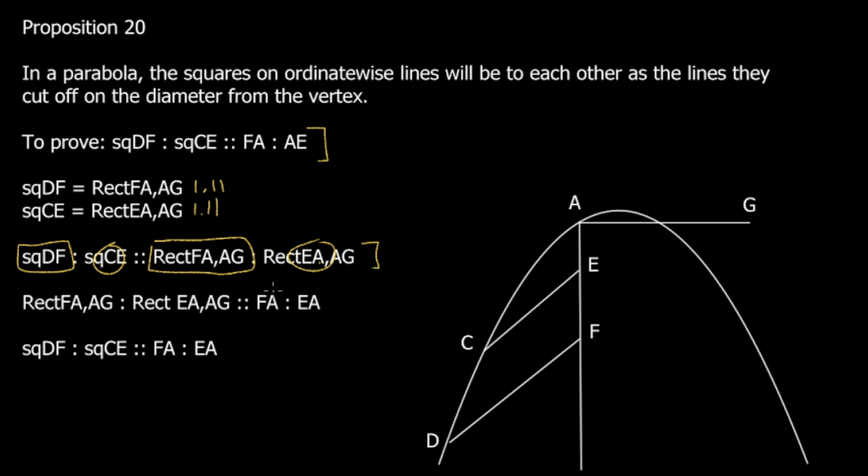And then over here, this is an unrelated step where you can see we have FA and EA on one side, and then we have FA and EA on the other side, but the difference is we've multiplied them both by the length AG.